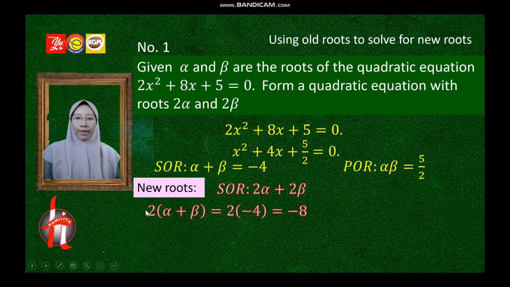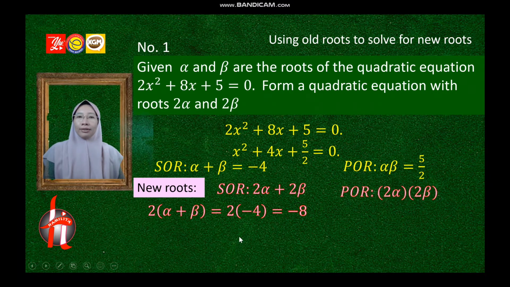When we factorize this, we have to multiply alpha plus beta. Here we already know that alpha plus beta is equal to negative 4. We can just substitute negative 4 here. So giving us the sum of roots for the new equation is negative 8. Settled with the sum of roots.